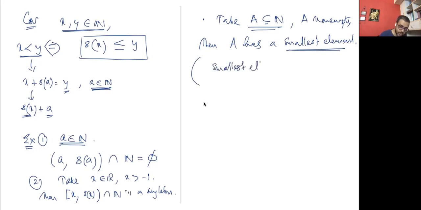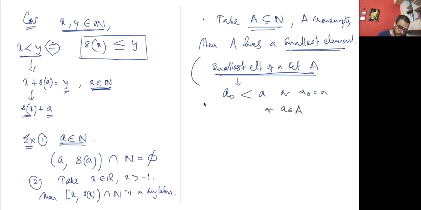Smallest element of set A is exactly what you know it to be, right? An element of the set A which is less than or equal to everything else in that set. So basically a lower bound which comes from the set itself. So A naught is the smallest element if A naught is less than or equal to A for every A.